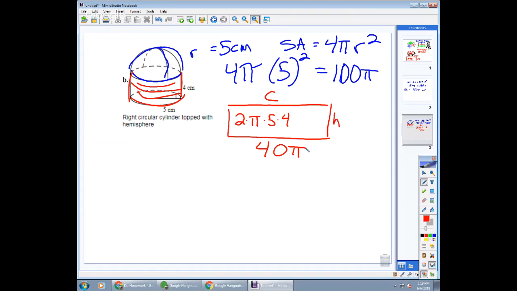So 2 parts to that. Your circumference gives me the length of that label for the cylinder. That's going to be 2 times pi times the radius of 5. And the height is 4, we just multiply by that. So the area of the label, the cylinder part, that should be just 40 pi. Circumference times the height.